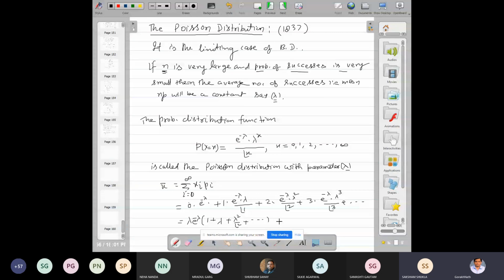One mistake happened earlier, here it is 1, lambda, lambda square, lambda cube. So this is equal to lambda e to power minus lambda into e to power lambda, which is lambda. So the mean is lambda. And similarly we can calculate the variance.